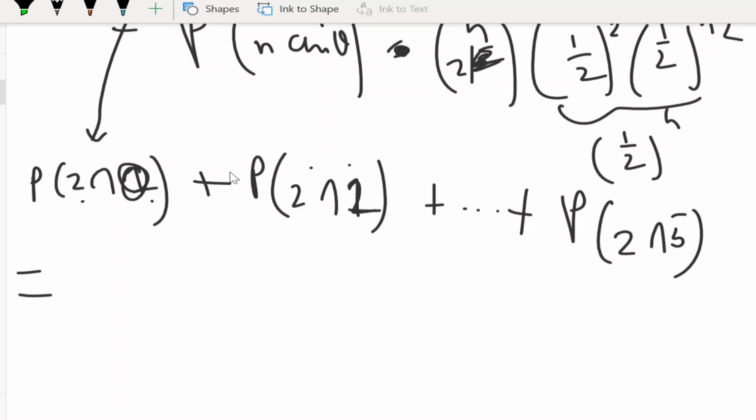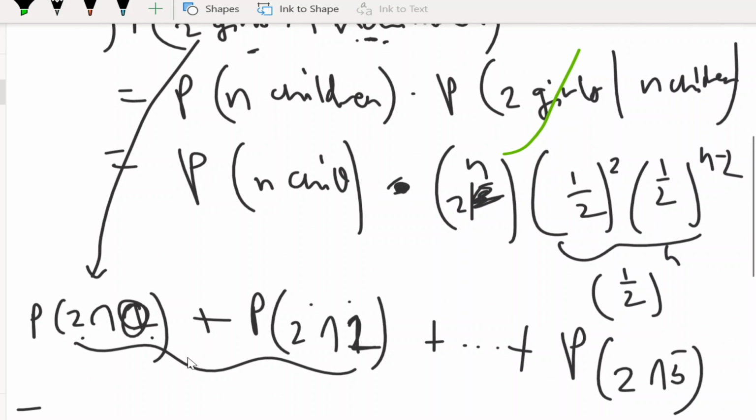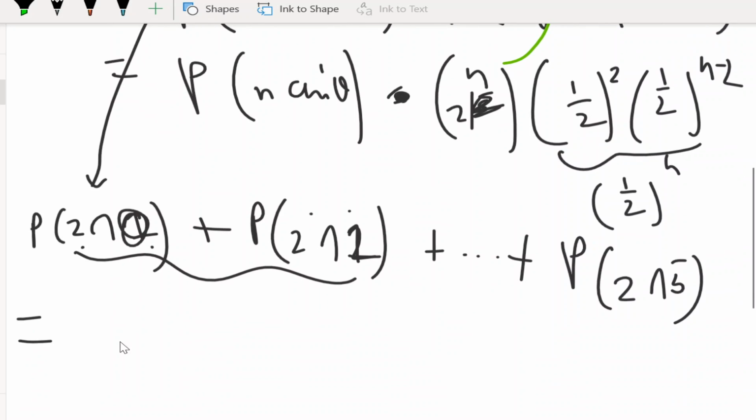I'm not going to write these out, since we know that these will be 0, because you cannot have 2 girls when you have 1 child, right? If you do 1 choose 2, you'll end up with 0, which means the binomial probability is equal to 0, and hence the whole term is equal to 0. And obviously the same thing will happen with 0 choose 2. Okay, cool.